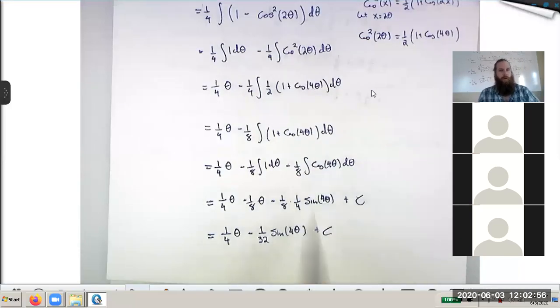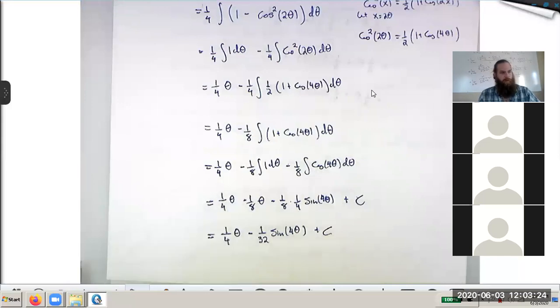So here to here is my little micro u sub, right? I know that the cosine function integrates to the sine function. And I know that the 4 theta, if I substitute for that, I'll just get a 1/4 out from my differential. So we can do those very, very quickly. Over here, I combined 1/4 minus 1/8. That's 1/4. Because this is 2/8.